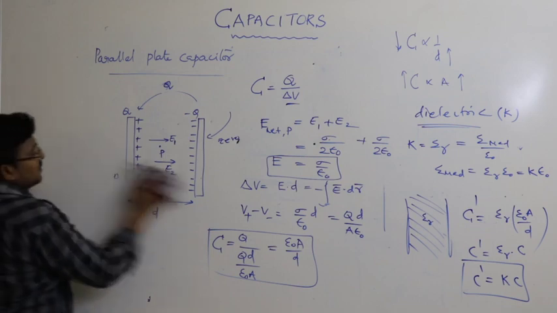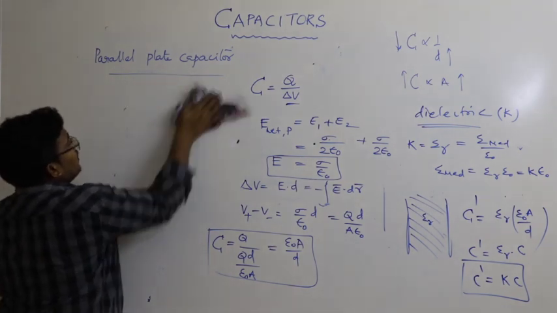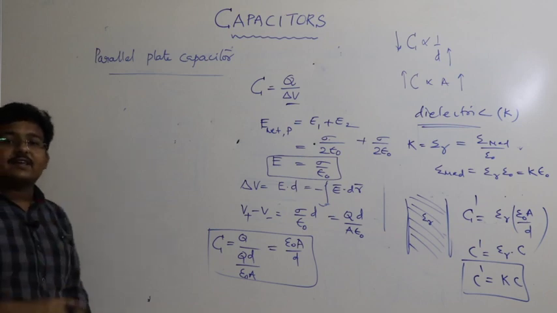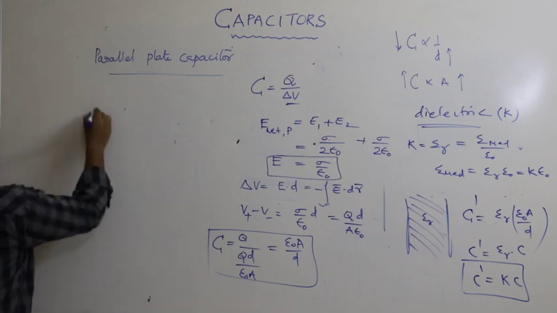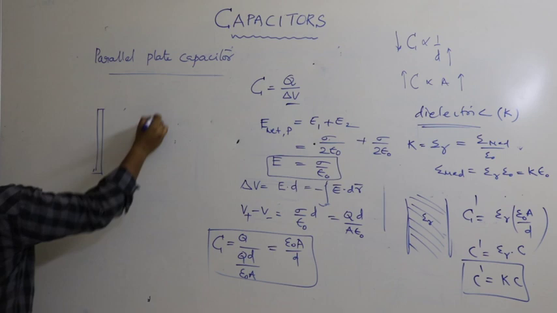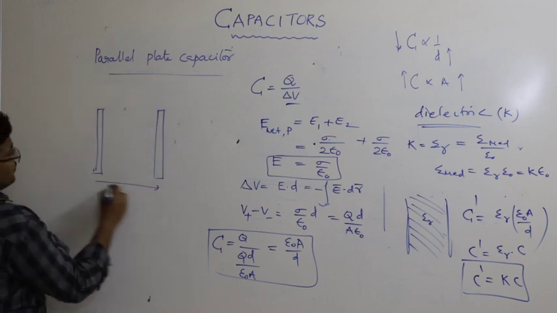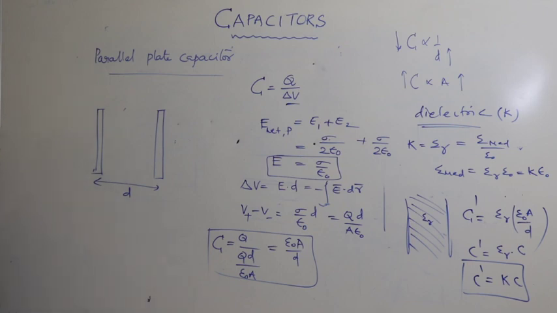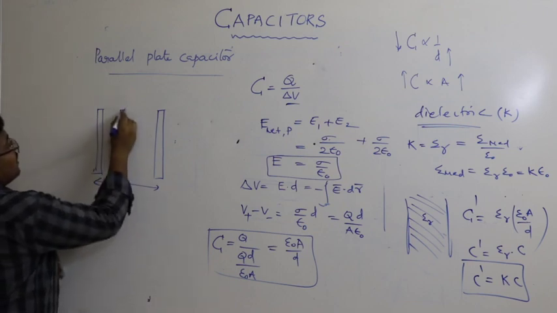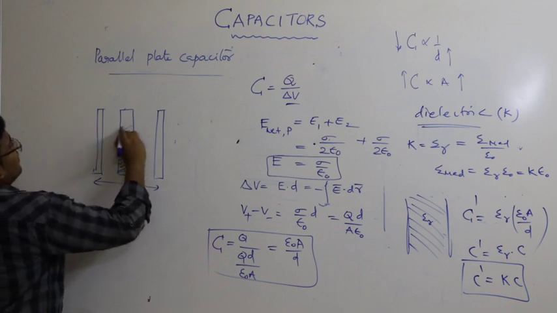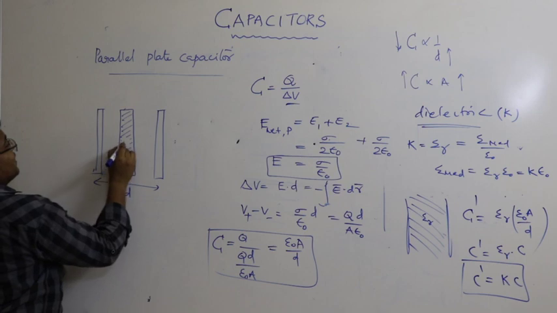In some cases, they will not completely fill the dielectric. For example, this is plate 1. The distance of separation is D. And now only this distance is filled with the dielectric.